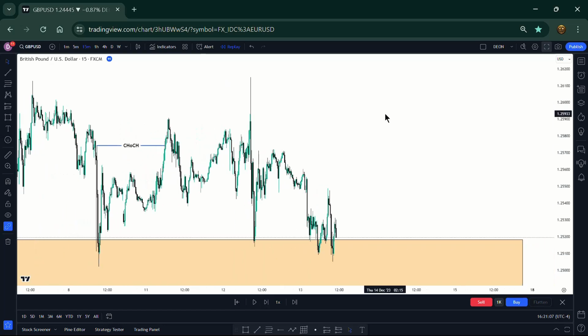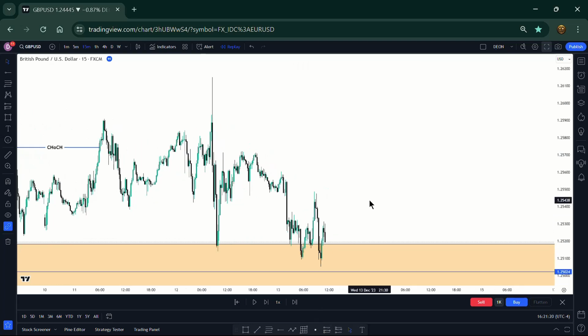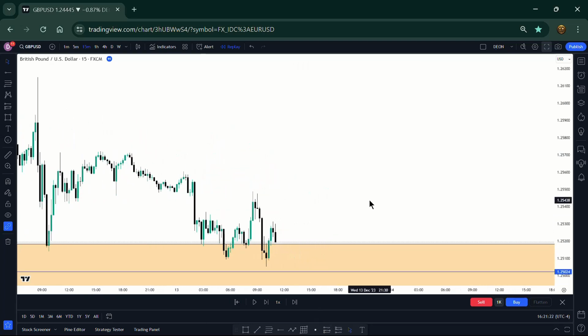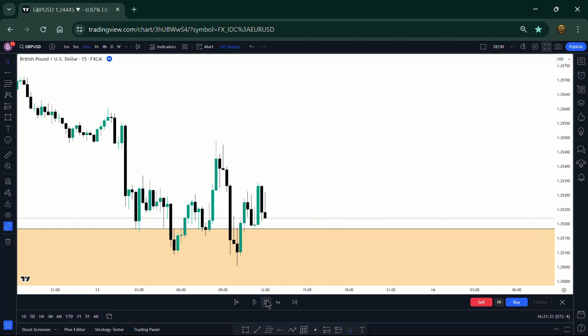Oh, this low has been taken out, I think. Let's see. No, it hasn't been taken out yet. But the market has already gone into your POI.